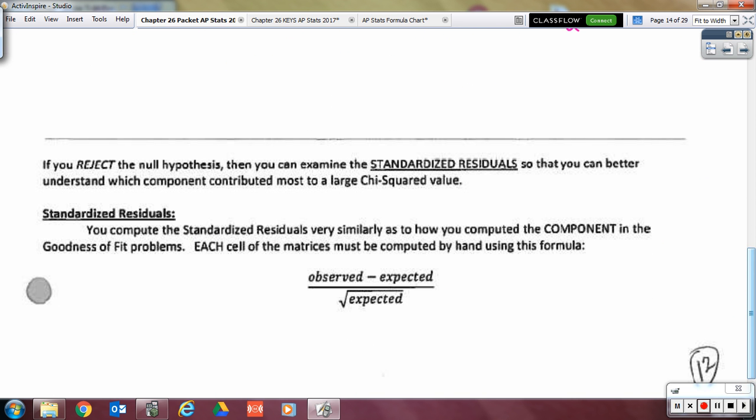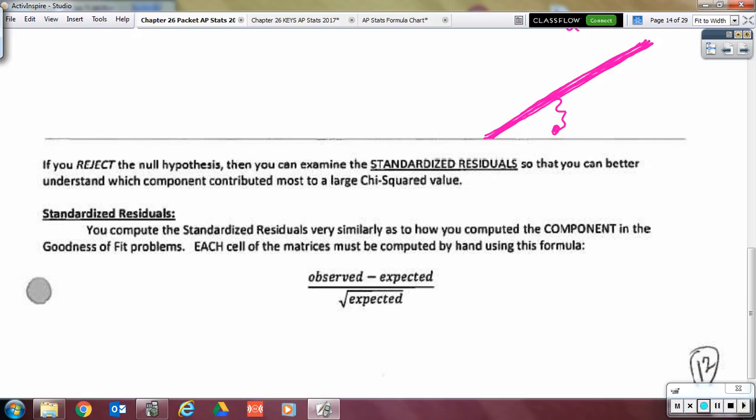At the bottom of this next page, we're going to look at these standardized residuals for each cell, each little component in our matrix. Now let's review what a residual is. We've done it when we did linear model stuff. If this is the expected data, and this is an observed piece of data, where's the residual? Okay, good.